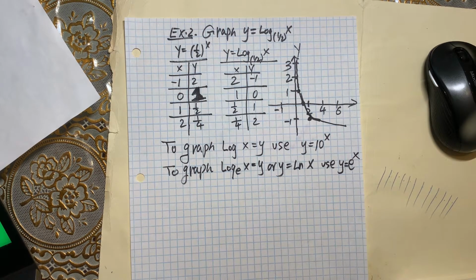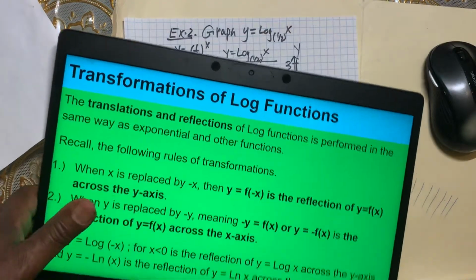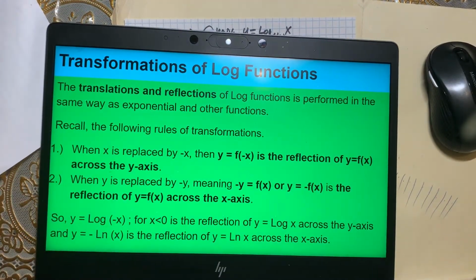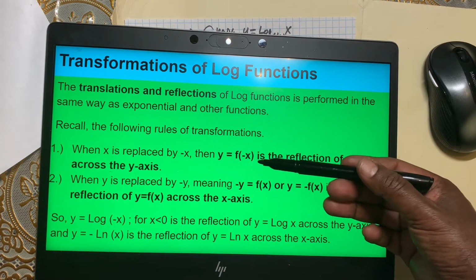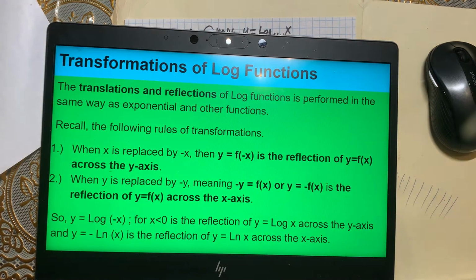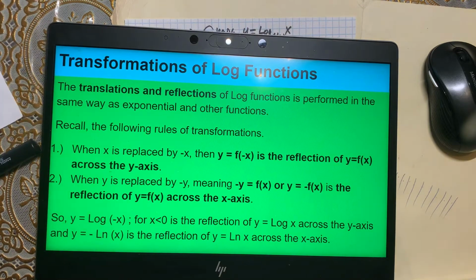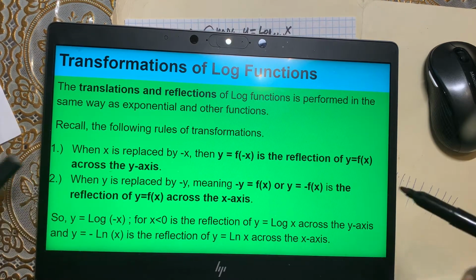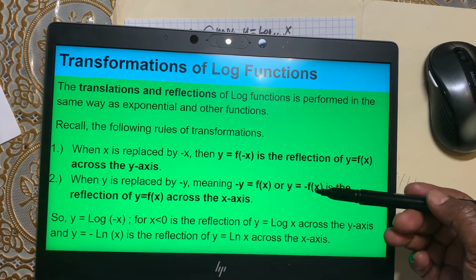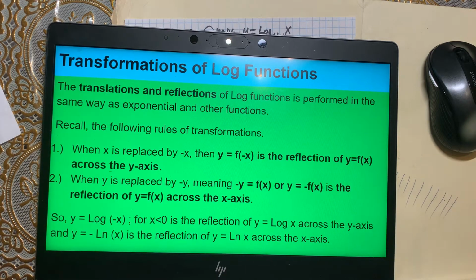If you remember, when x is replaced by negative x, say y equals f of negative x, this is a reflection across the y-axis. When y is replaced by negative y, say if you have y equals negative f of x, that will be a reflection across the x-axis.